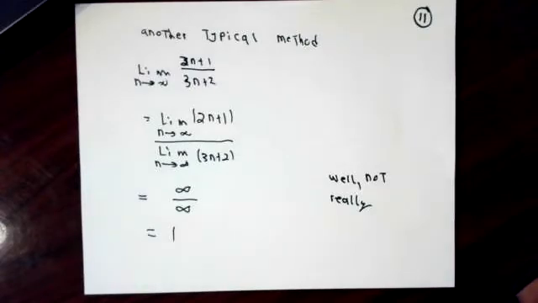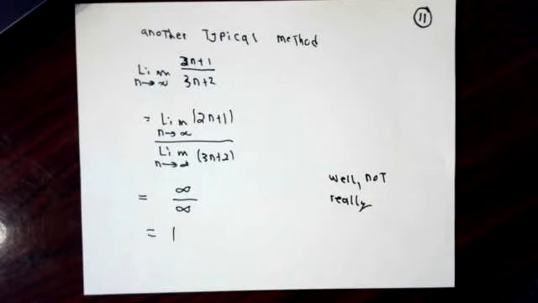I want to point out something that people will typically try to do when they shouldn't. I want to take the limit as n tends to infinity of 2n plus 1 over 3n plus 2. I'll write that as the fraction of the two limits separately. Limit as n tends to infinity of 2n plus 1 divided by the limit as n tends to infinity of 3n plus 2.